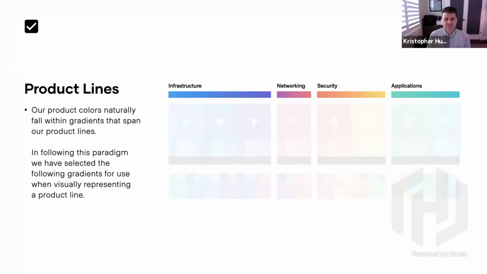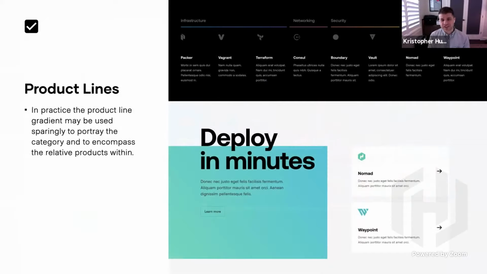Okay, so then product lines, as I mentioned, we were able to follow this paradigm. With product lines, the idea here is that whenever you're talking about infrastructure or applications, you're able to use these gradients that go from one product color to another product color. An example of this here is obviously just a mock-up.